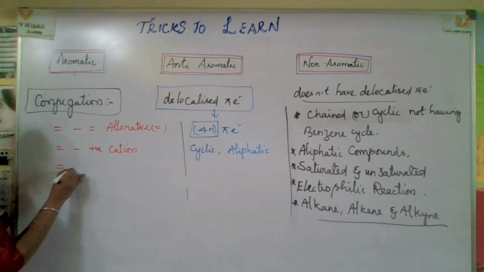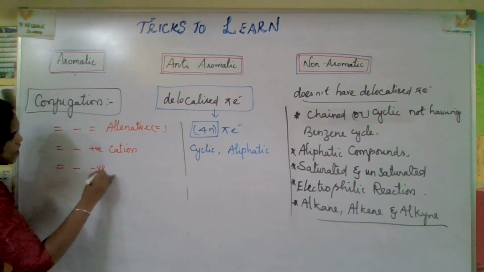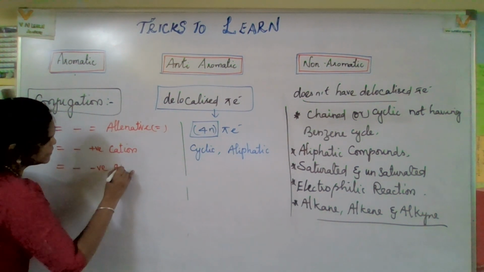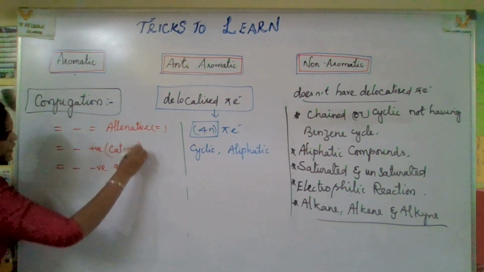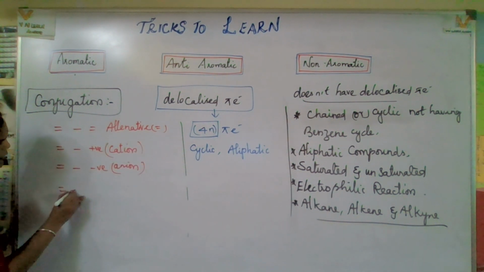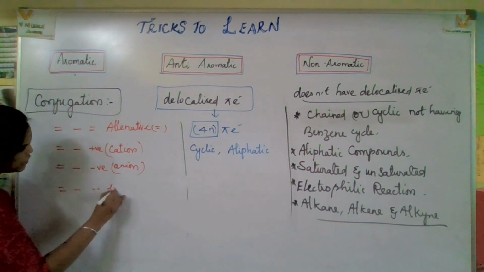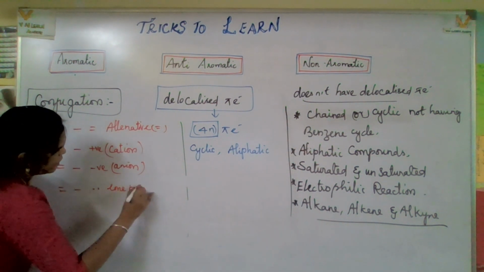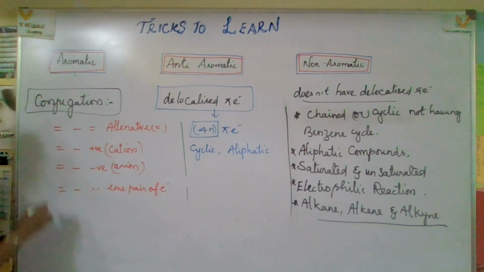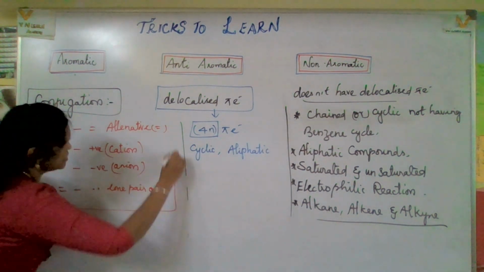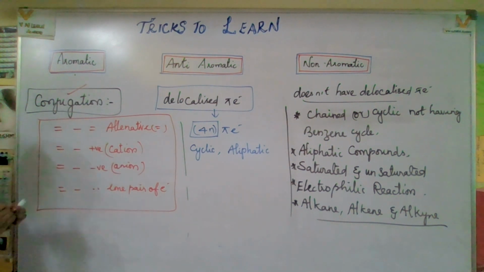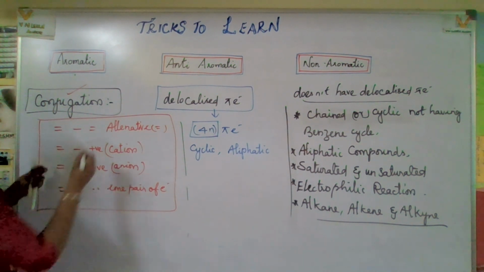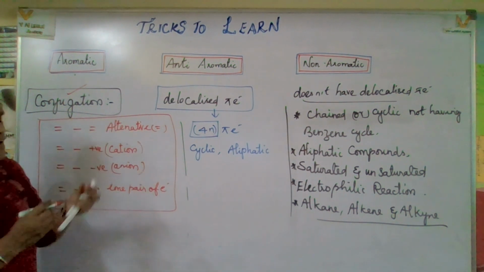Now, double bond, single bond, negative charge, that means a carbanion. And next, double bond, single bond, lone pair of electrons. These are the main ideas you should know for conjugation. Why did I introduce conjugation? Because it helps to identify aromatic and anti-aromatic easily.